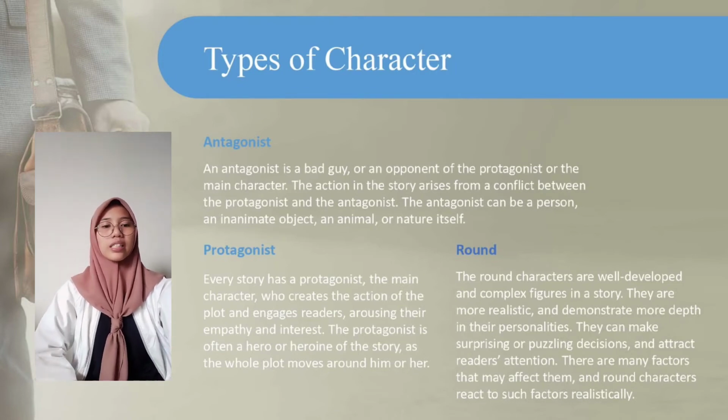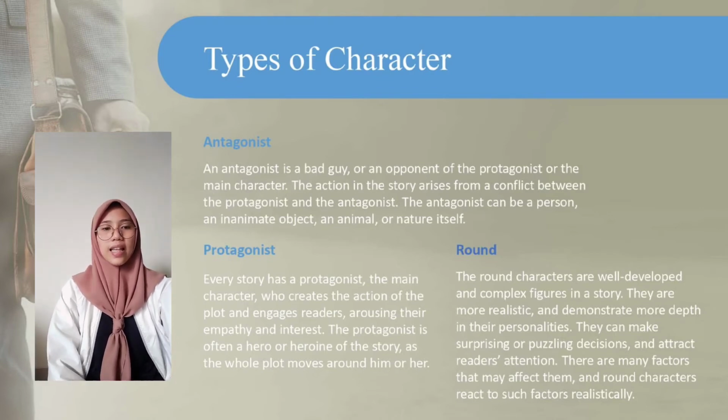Round characters are well developed and complex figures in a story. They are more realistic and demonstrate more depth in their personalities. They can make surprising and puzzling decisions and attract readers' attention. There are many factors that may affect them, and round characters react to such factors realistically.